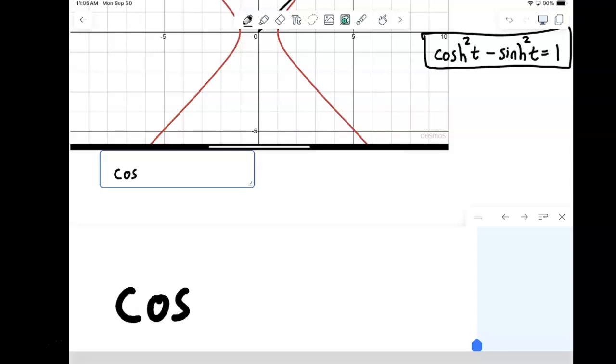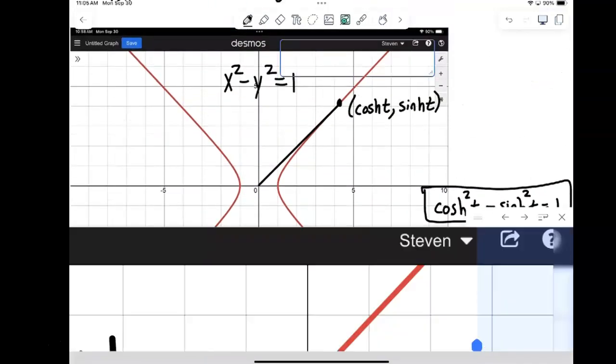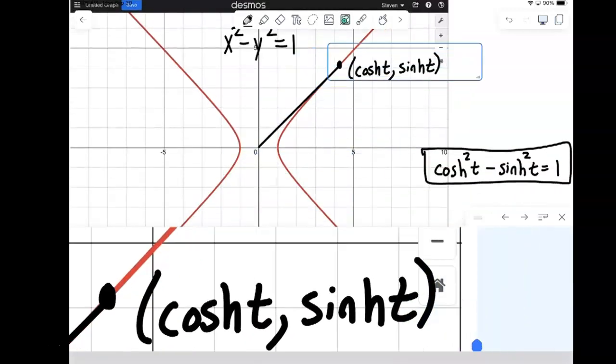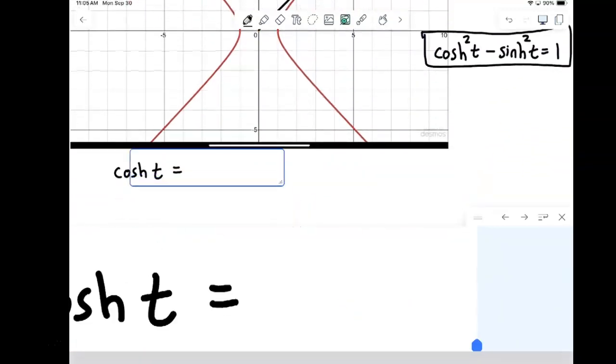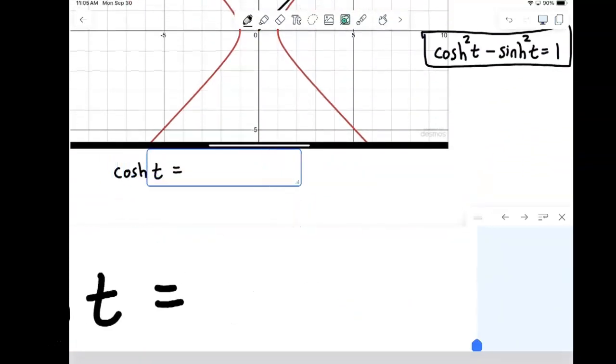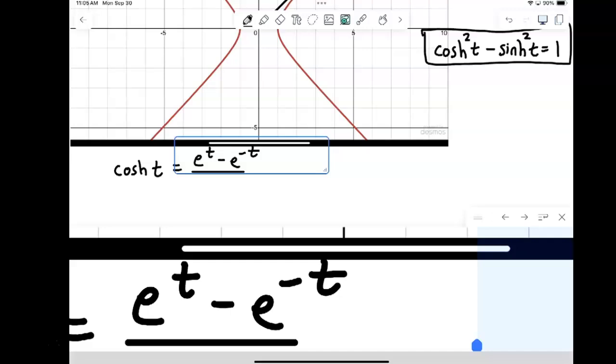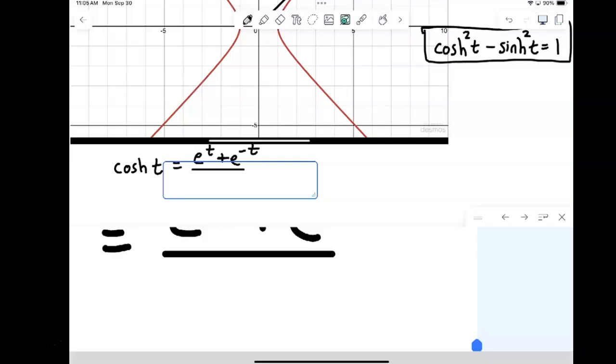So we're not going to go into the detail, but it can be shown, based on the definition, which again I've only given you part of, just to give you the idea that it's a point on the hyperbola, that the hyperbolic cosine is e to the t plus e to the minus t all over 2.